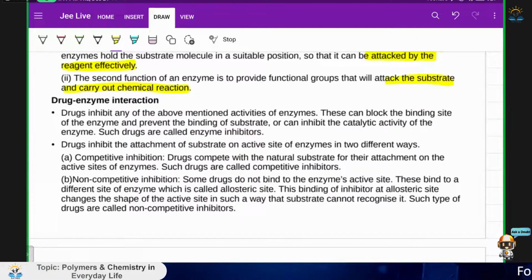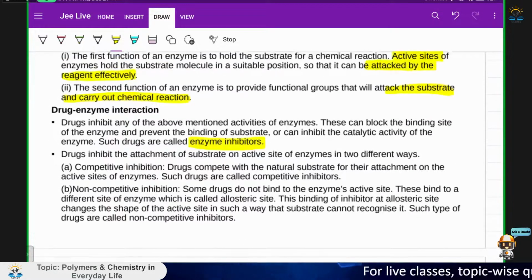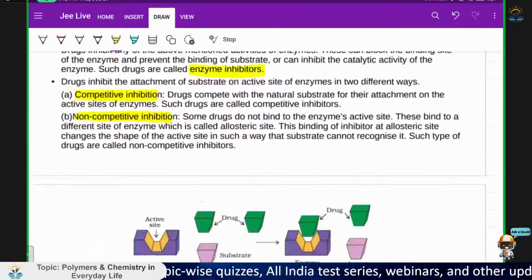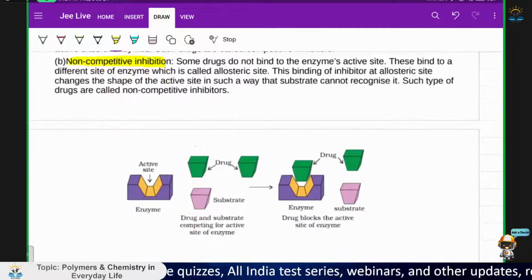The drugs that block an enzyme's activity are called what? Enzyme inhibitors. Drugs inhibit the attachment of substrate on the active site in two different ways. We have two different mechanisms for this inhibition, which are what? Competitive inhibition and non-competitive inhibition. So what is competitive inhibition? In competitive inhibition, both the drug we gave and the substrate compete for what?